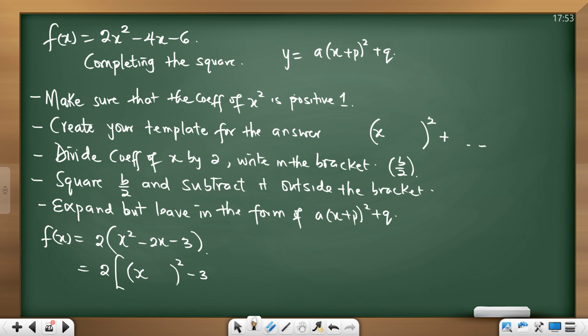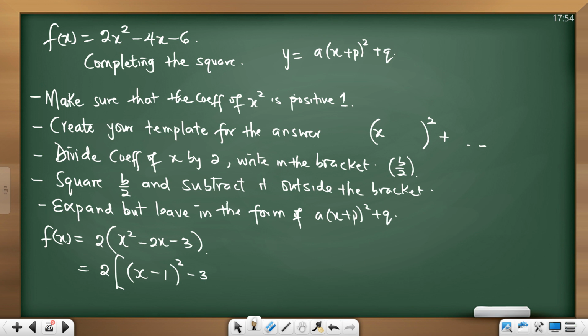What do I do now? Step 3. Divide the coefficient of x by 2. What's the coefficient of x? Negative 2. Divided by 2, negative 1. Next thing. Whatever answer you get, that negative 1, square it. What is negative 1 squared? 1. What do we do?